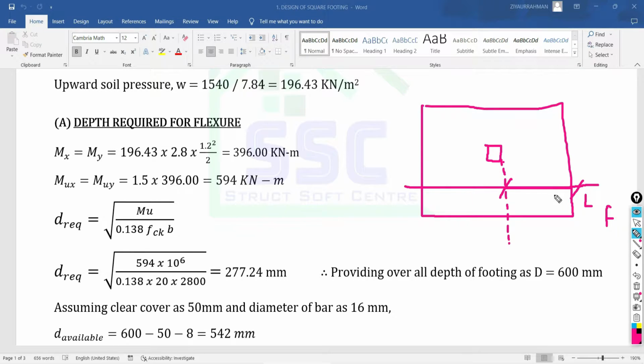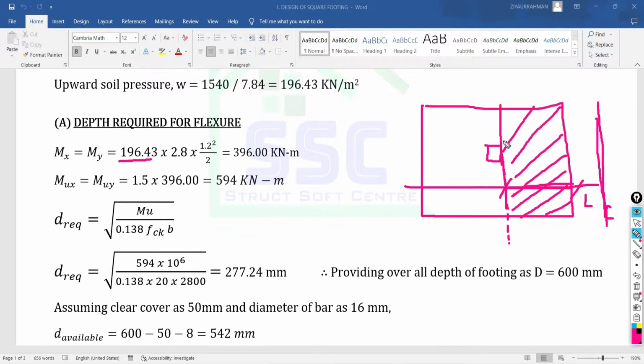So this cantilever portion we have to consider. The upward soil pressure is 196.43 multiplied by the total width, since the calculation is along the length. This complete part we have to consider.